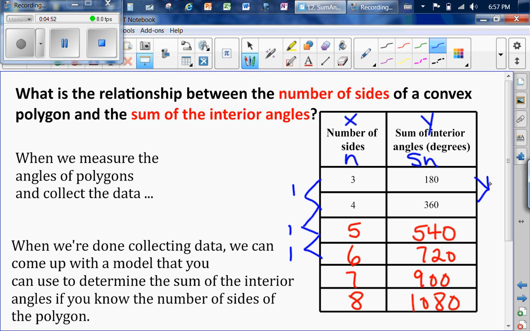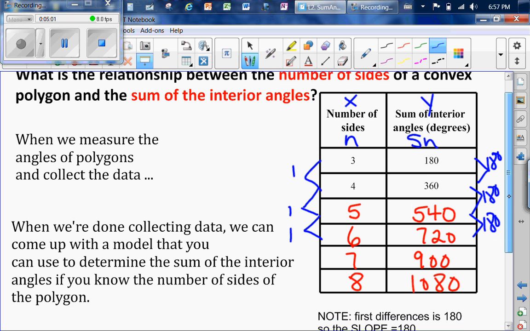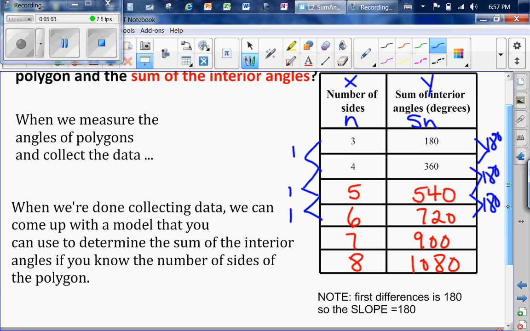Well, if you do the math, 180, 180, 180. Don't forget all the other stuff that we've learned. The first difference here is 180, so that means our slope is 180. Now that we have that important piece of information, we can go back and look at how this relates to what we need to know.